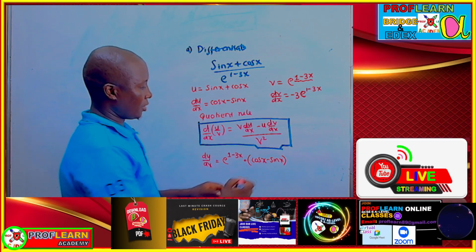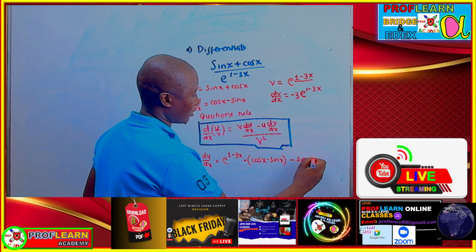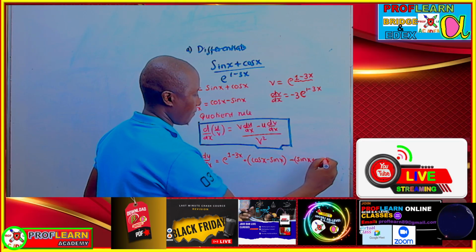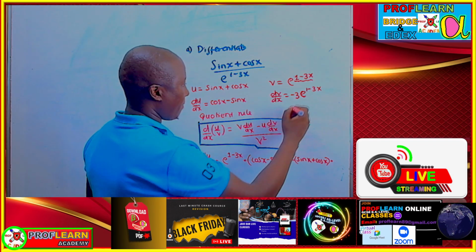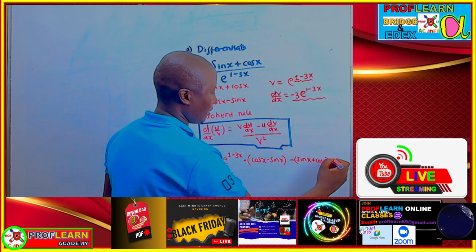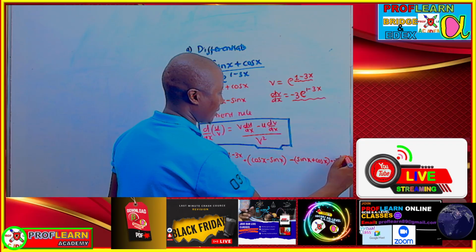Then the next term will be minus u, but u was sin x + cos x, times dv/dx, and dv/dx is this part that is well seated here, −3e^(1 − 3x).